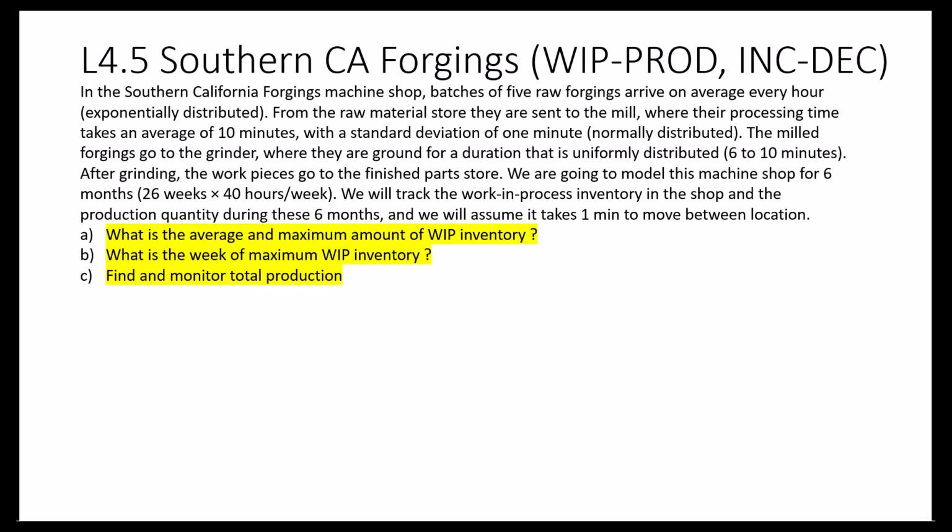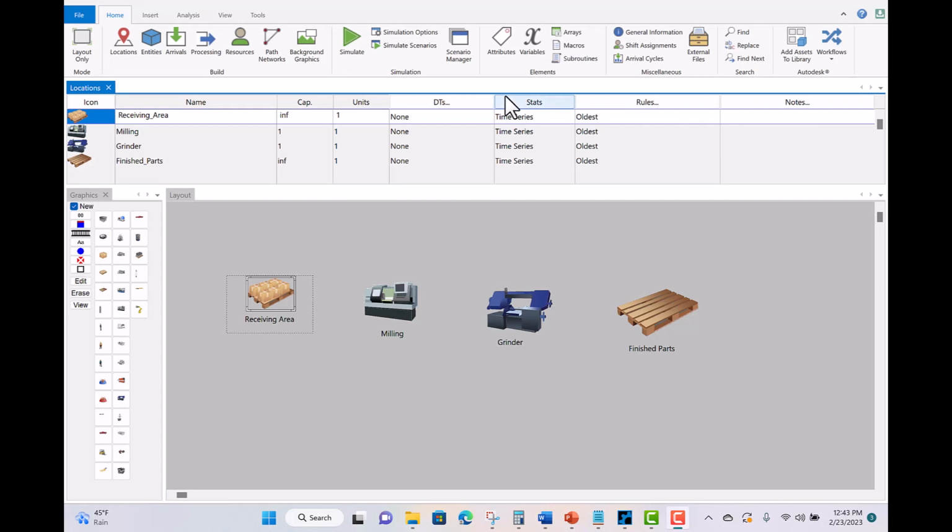So now let's go and get to it. Let's go to the simulation. Okay, now that we have created our locations, remember when we receive items, they're usually infinite location, and finished parts as well. They go into infinite.